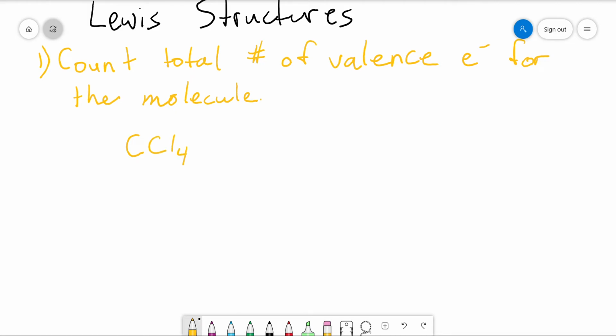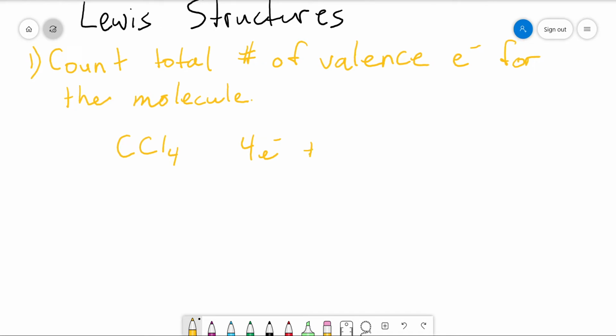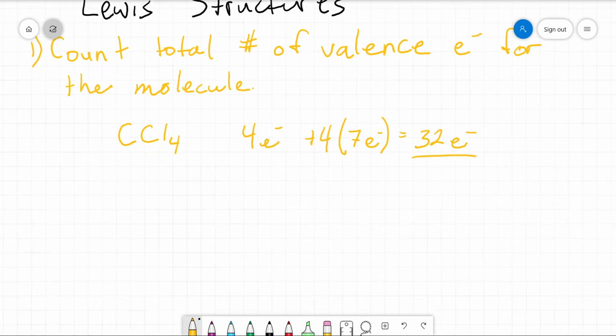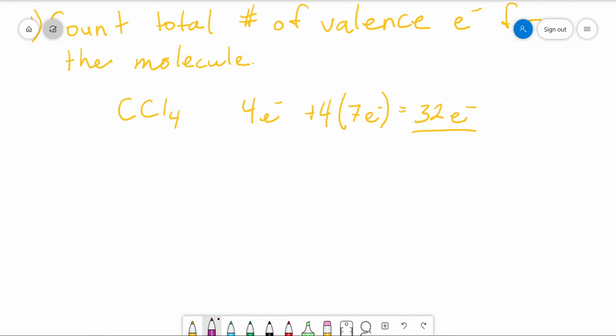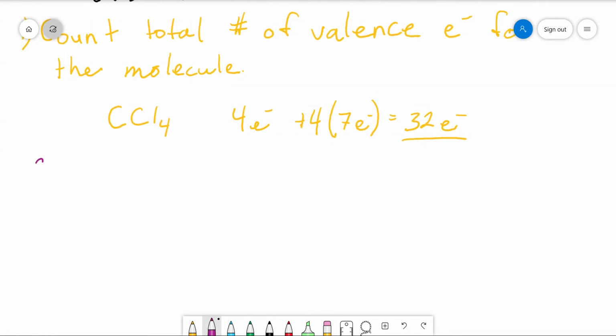If we count up all the valence electrons, remember, carbon has 4. We have 4 chlorines. Each chlorine has 7 electrons. So that works out to a total of 32 electrons. Simple. If you don't do this first step, you get the structure wrong because you don't know when to stop. So please, again, just start with number 1 and then go on from there.